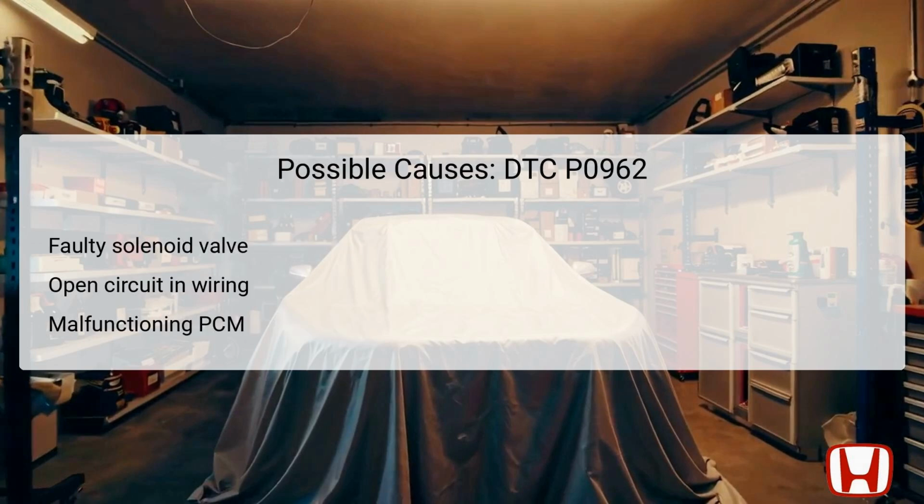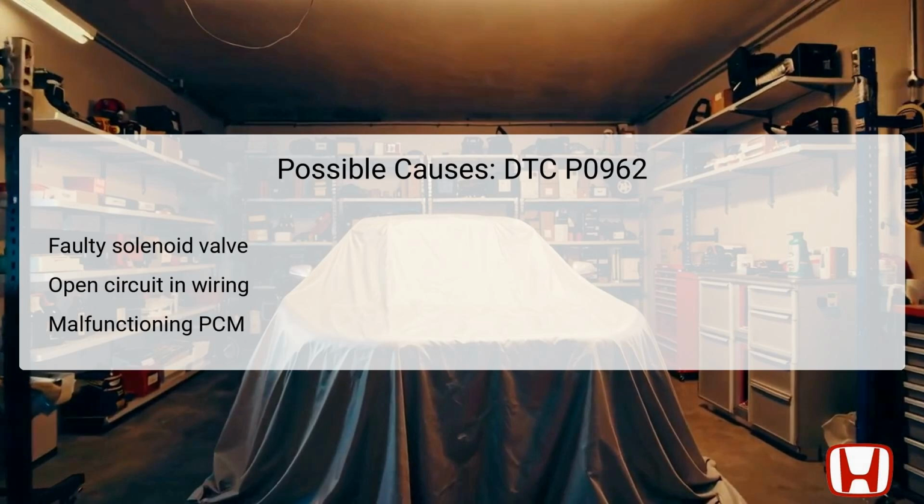Several factors can cause DTC P0962 to trigger. A faulty CVT drive pulley pressure control solenoid valve may not provide the correct pressure output required by the transmission. Additionally, an open circuit in the wiring, particularly the DRLS, drive reverse low shift line, can disrupt the electrical signal transmitted to the valve.